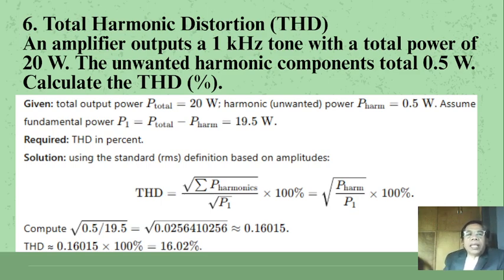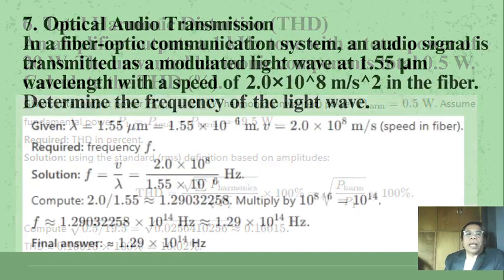Substituting the given data, the square root of 0.5 over 19.5, the answer is 0.16015. In terms of percent, you multiply that by 100%. So the answer is 16.02%, and that is the total harmonic distortion in percent.